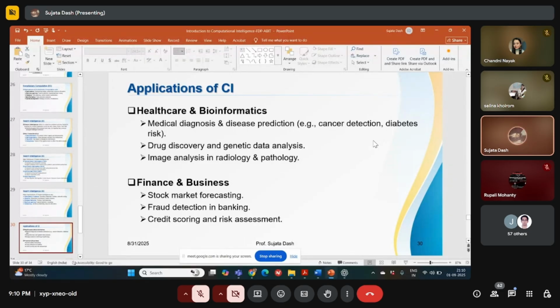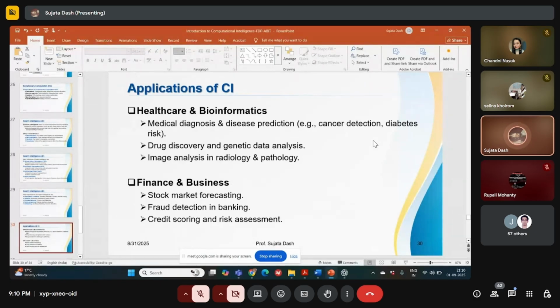For example, you can find the application of CI in finding candidate drugs for cancer treatment or analyzing genetic markers for personalized medicine. So in this area, CI has very effective potential applications.